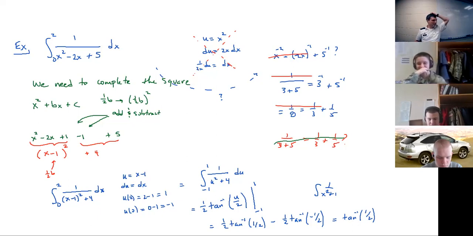Elliot, you had a quick question? Yeah, so this is like an ideal situation, right, that it fit into one of the trig rules. Because completing the square doesn't always work out like that, right? Right. So the question is, okay, that little quadratic, I can complete the square on it.